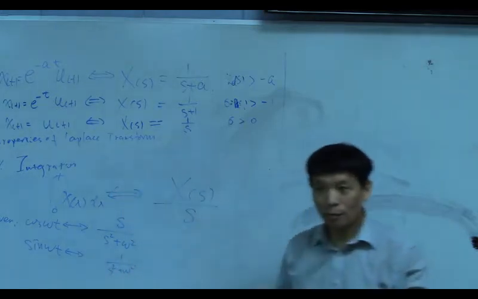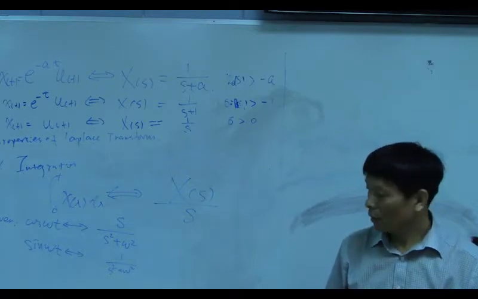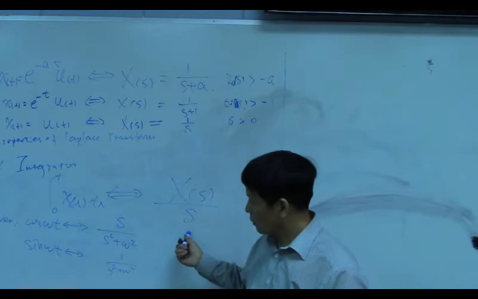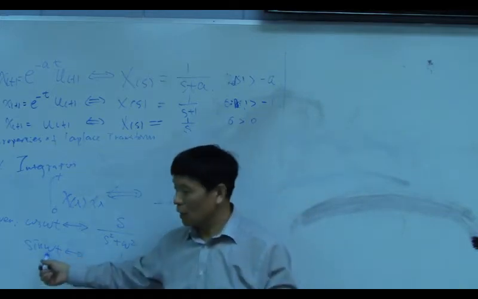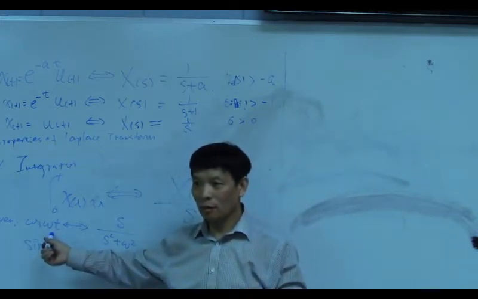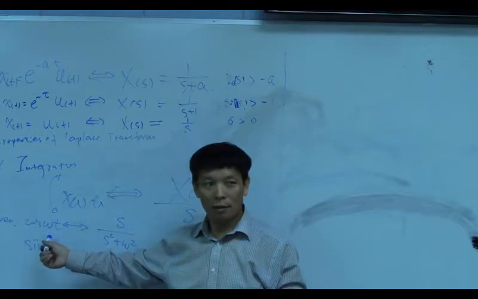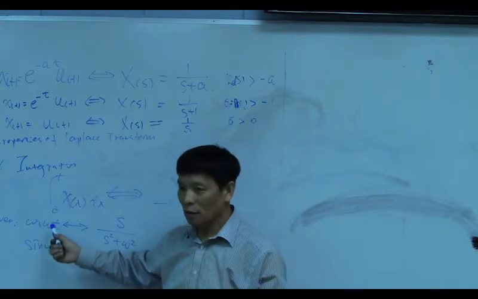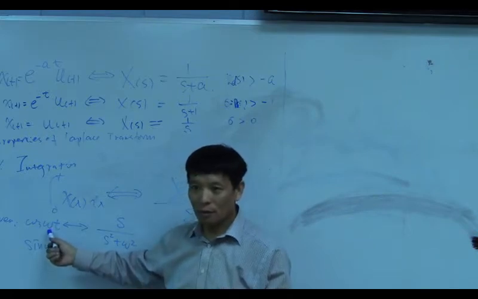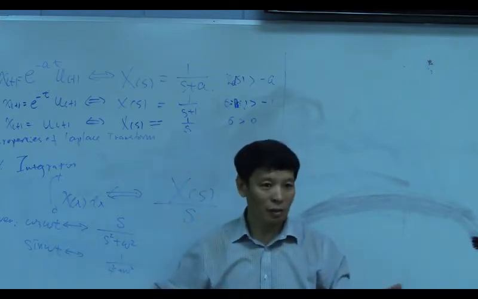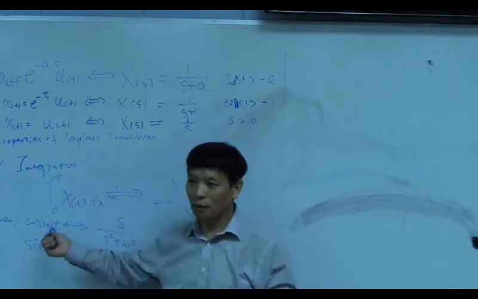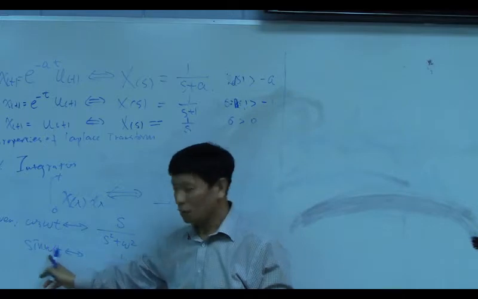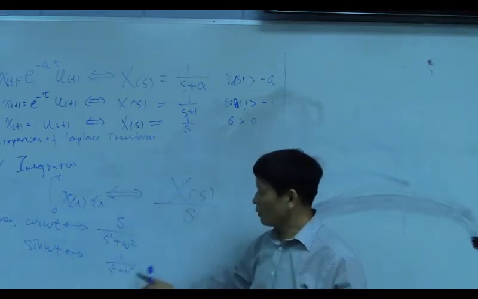How did you get this? You multiply by 1 over s. So that means you said this one is the integral of this, all right? So you divide by s, that means this one is the integration of this one. That is the question I'm asking. How to get this from here? And he mentioned that, okay, just integrate this one and you get this. So that's why you just divide by s to get this one.